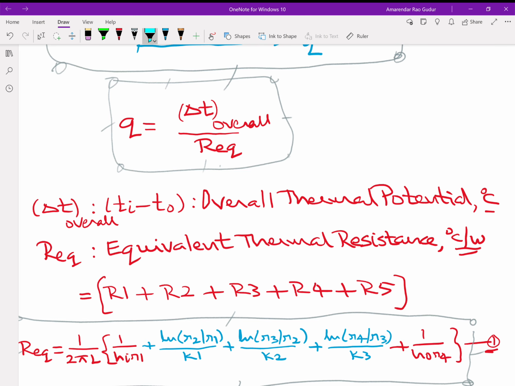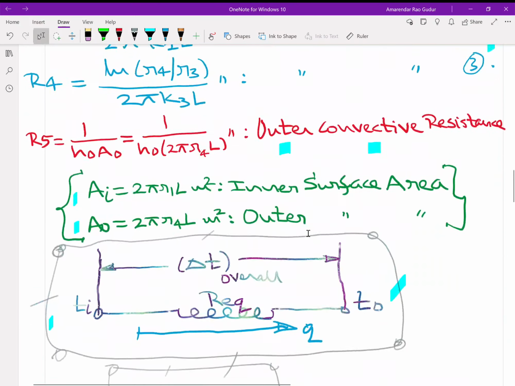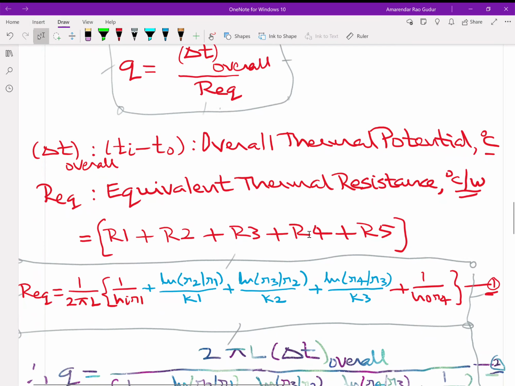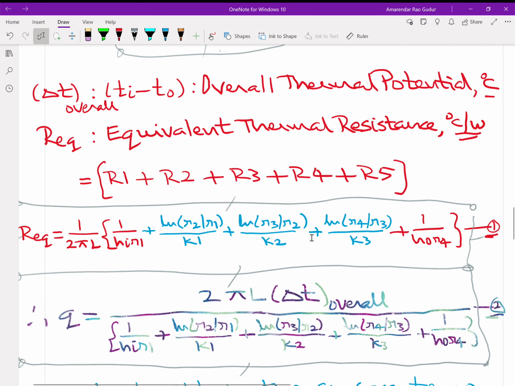Having known R1, R2 and so on, we can substitute them in R equivalent. We may note that 2 pi L is common everywhere, and when we take 2 pi L common, we get the expression for R equivalent as given by equation 1.